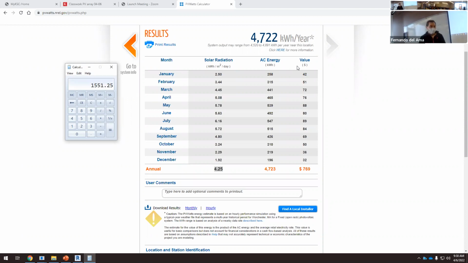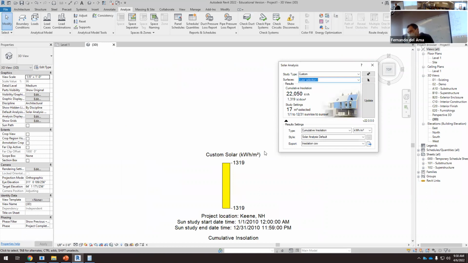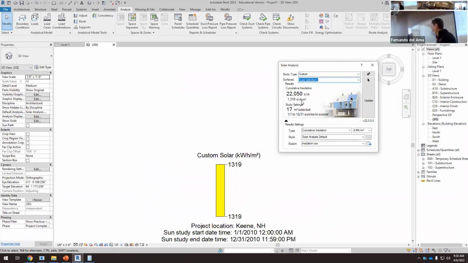I don't know how many years, but depending on this average, these results are different. Okay, so now we are analyzing the difference between two different software. We are doing this per square meter, so we are not taking into account the area, and there's a difference between these two values.